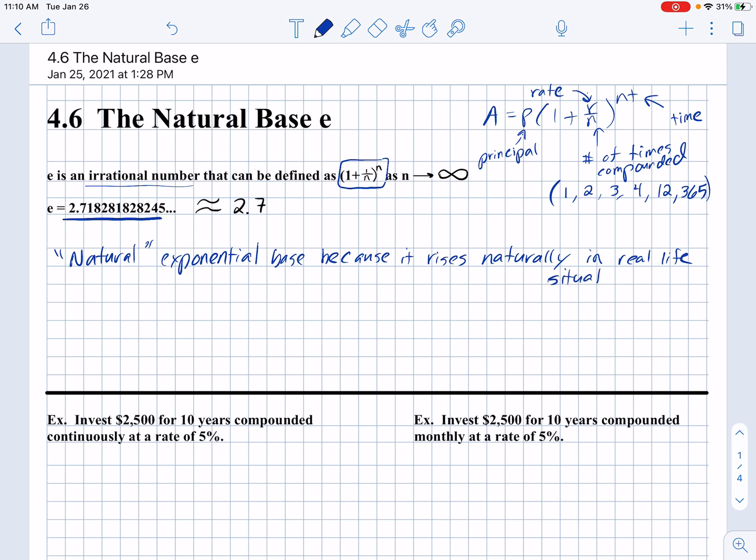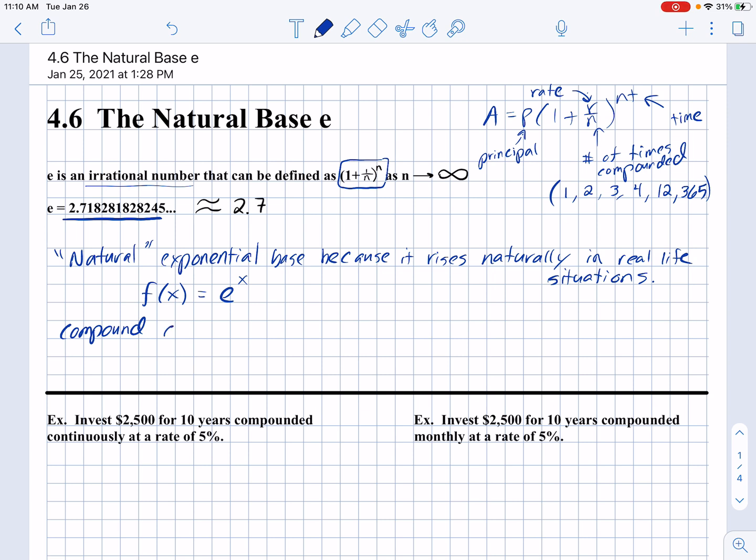Okay, so our function, because it's growing, this would be exponential growth. Our exponential function would be f of x equals e to the power of x, where e represents this 2.7. It's something that's compounded continuously. We already talked about interest that's compounded annually, semi-annually, daily, weekly.